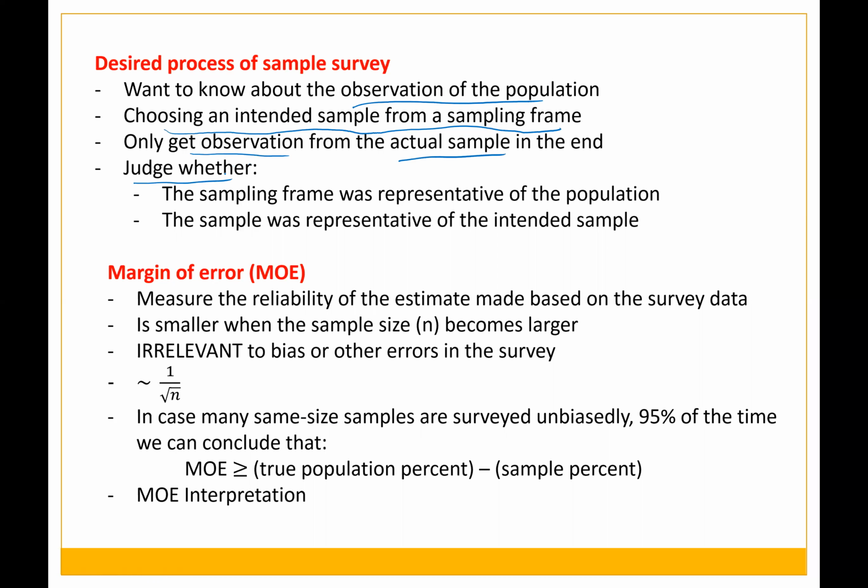Then in this sample survey, we have to evaluate if the sampling frame was representative of the population. So if we pick a sample from there, how reliable is it to represent the big population? Another question is whether the sample that gets returned to us, the actual sample, is representative of the intended sample.